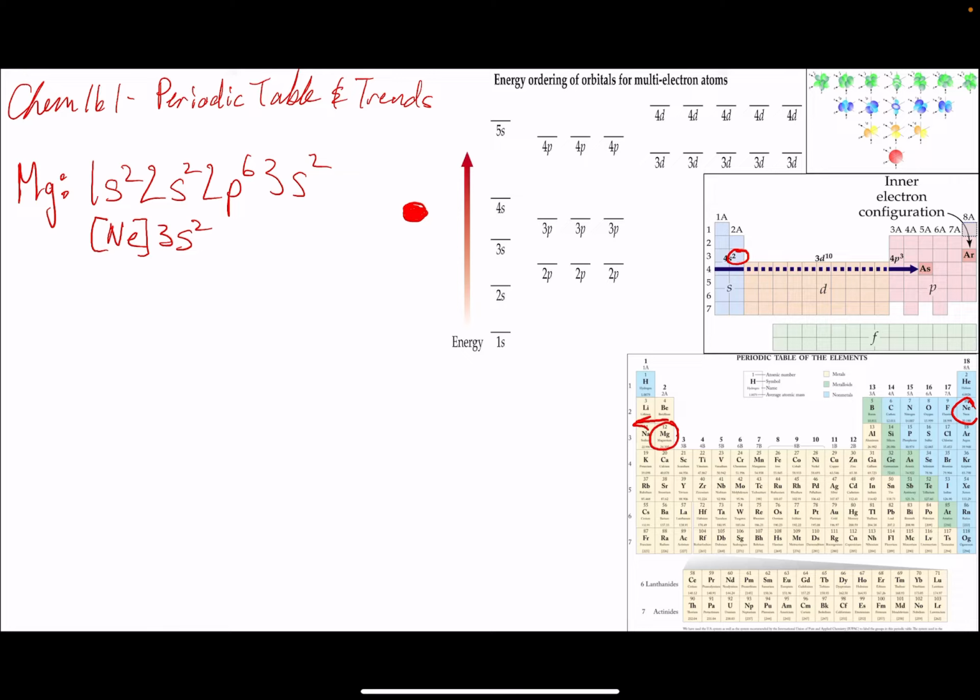Valence electrons exist at the outermost regions of the atom, reside highest up on the energy curve, and are located in the largest and highest energy orbitals. So it makes sense that we would expect valence electrons to be at the outer periphery of the atom. I'll list that as valence here.